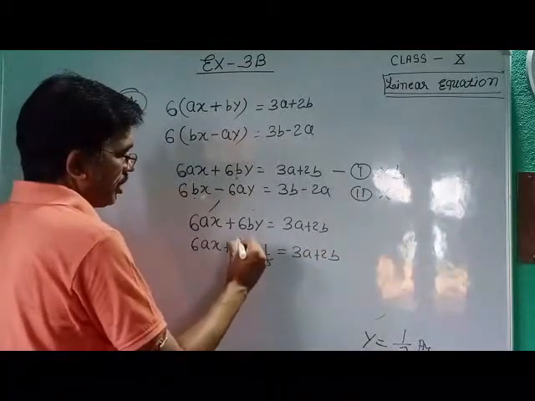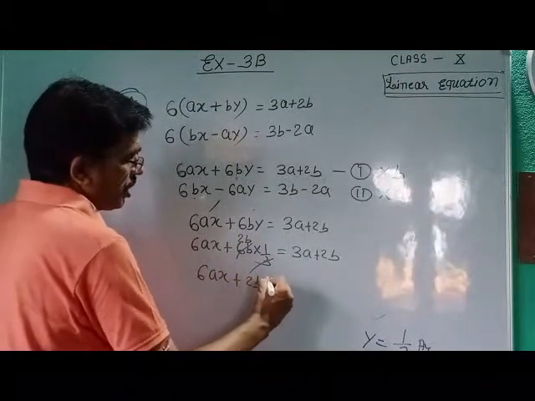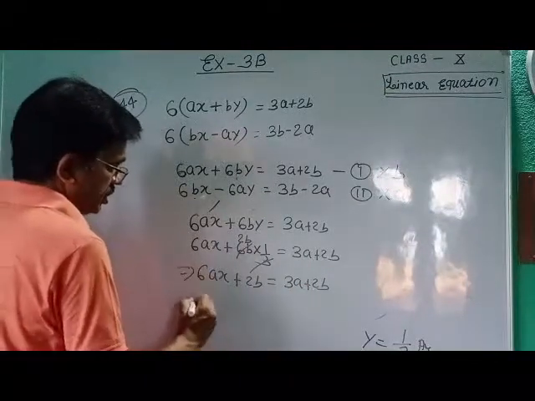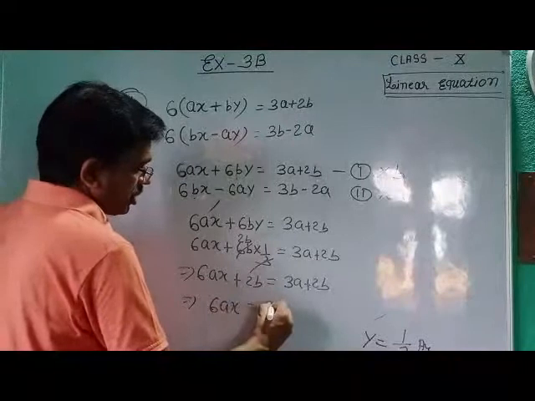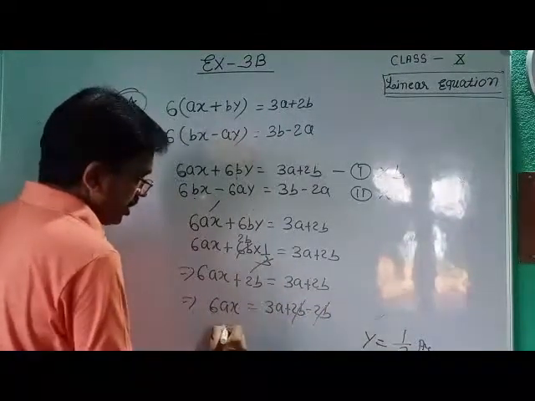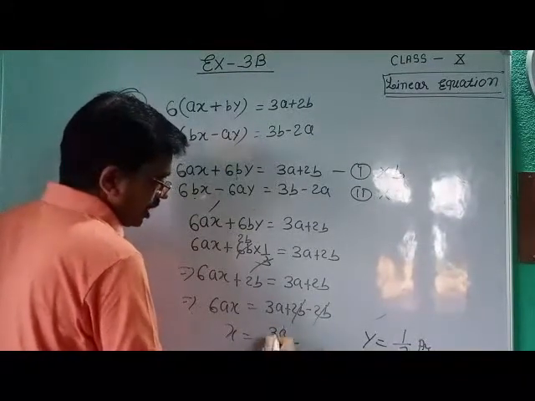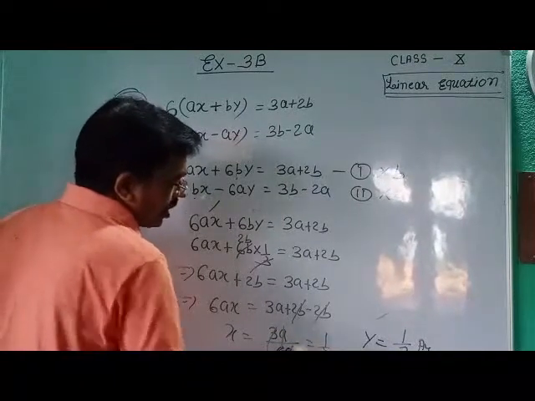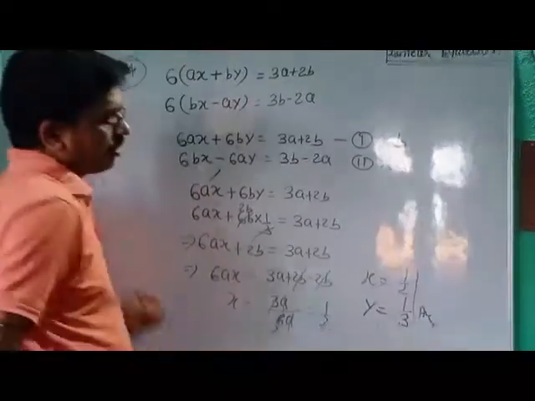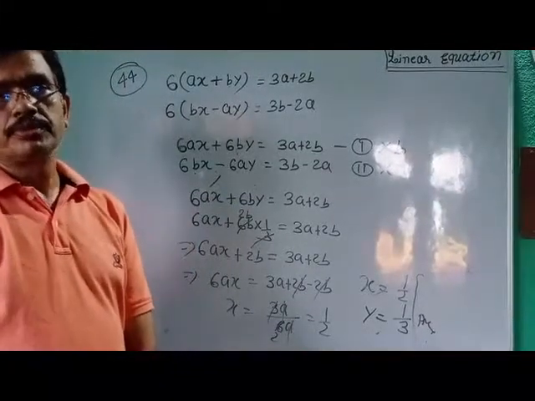This 3 cancels, so 6ax + 2b = 3a + 2b, and 6ax = 3a + 2b - 2b. 2b cancels, so x = 3a by 6a. A cancels, 3 by 6 is 1 by 2. So the value of x is 1 by 2 and the value of y is 1 by 3. It is the solution of question 44.